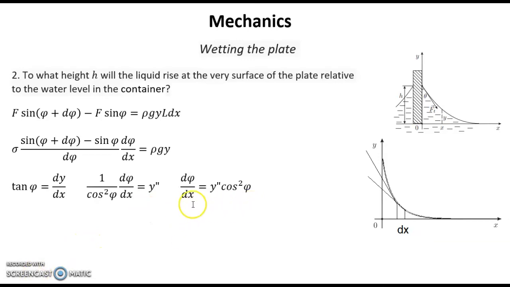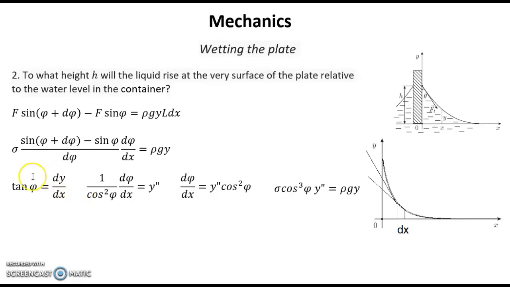This is our expression, d phi over dx, that's equal to the second derivative of y over x multiplied by cosine square phi. And now we can put this expression here, and also we have here cosine phi. So finally from this formula we can get a formula like this. And now we can represent cosine phi through tangent phi.